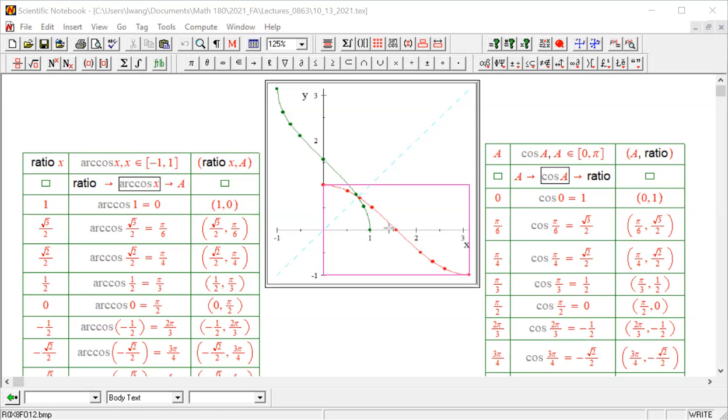You guys see that? And this box has a horizontal span, which is how long it is. That's the horizontal span. And there's also a vertical span.